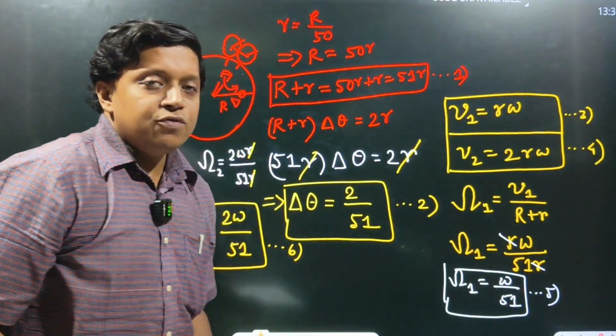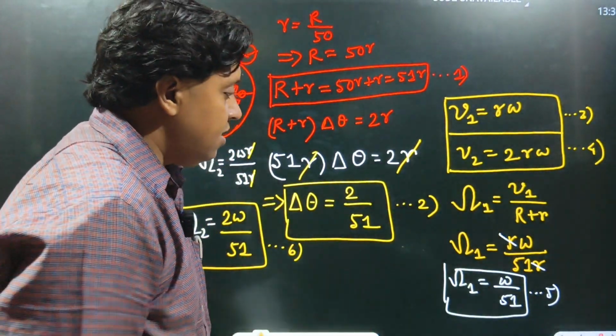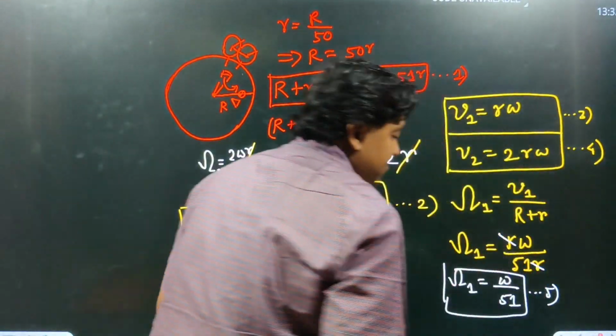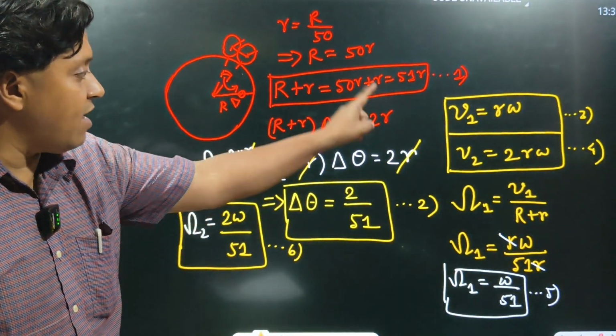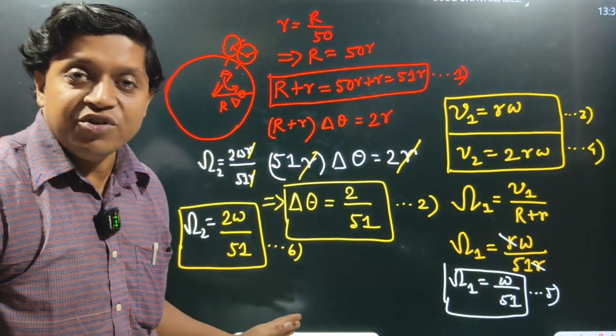Now, since we are running out of space a little, let me just switch over the page. But please don't lose track of these equations. We have 6 equations so far.